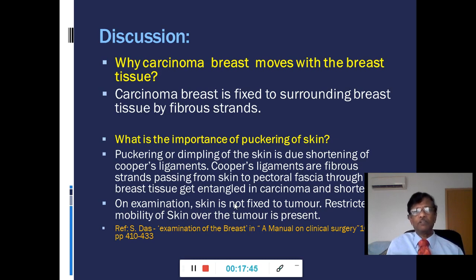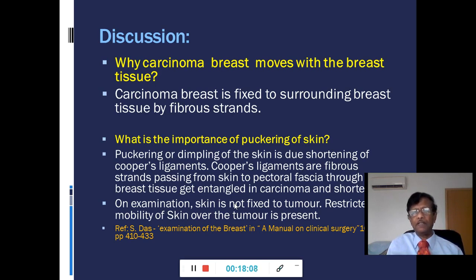What is the importance of puckering of the skin? Puckering is due to the involvement of the Cooper's ligaments. Puckering or dimpling of the skin is due to shortening of the Cooper's ligament. Cooper's ligaments are fibrous strands passing from the skin to the pectoral fascia through the breast tissue.